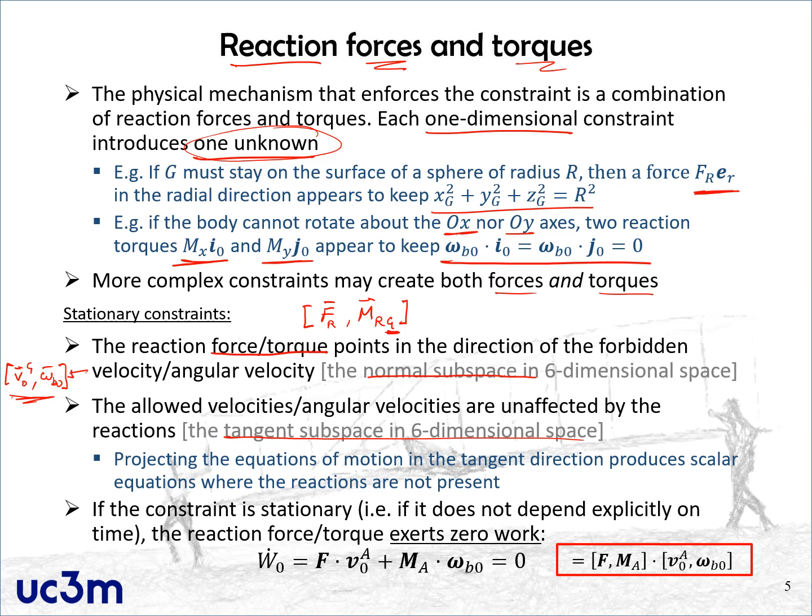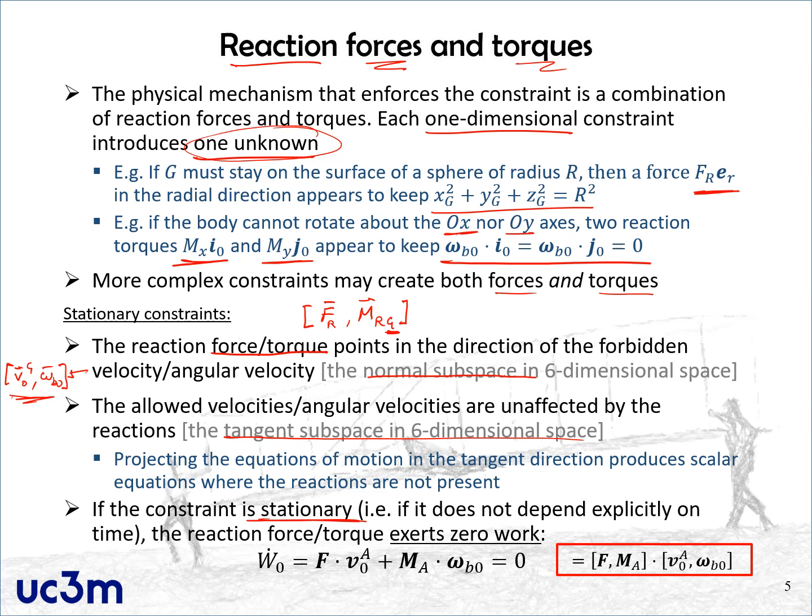One important thing to remember, and we will see this in the following examples, is that if the constraint is stationary, here's the keyword for this statement, the constraint has to be stationary, the constraint cannot exert any work or any power on the rigid body.